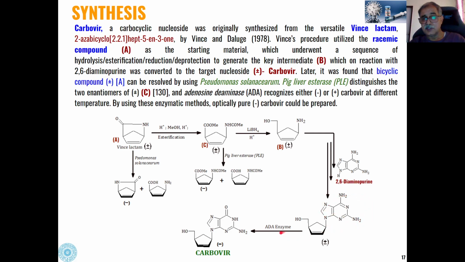Then this can be resolved through ADA enzyme to convert into carbovir. So this is how we can have carbovir.